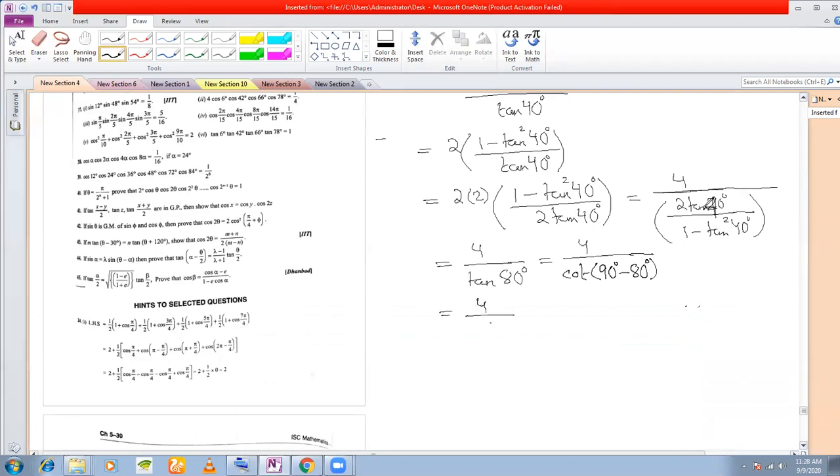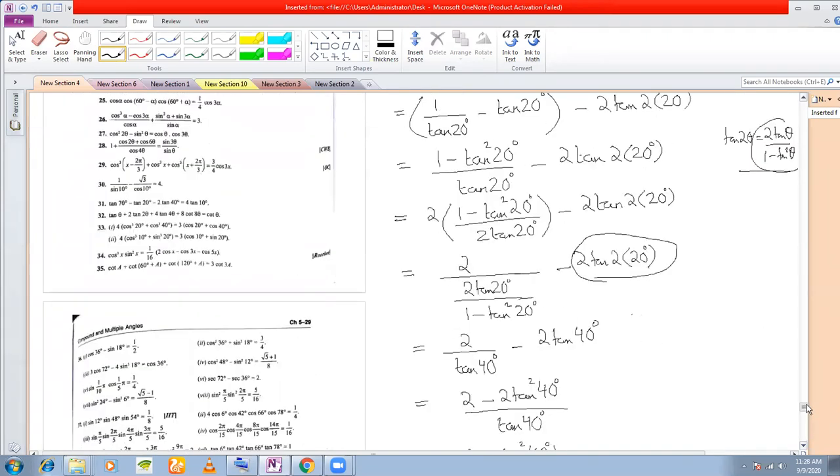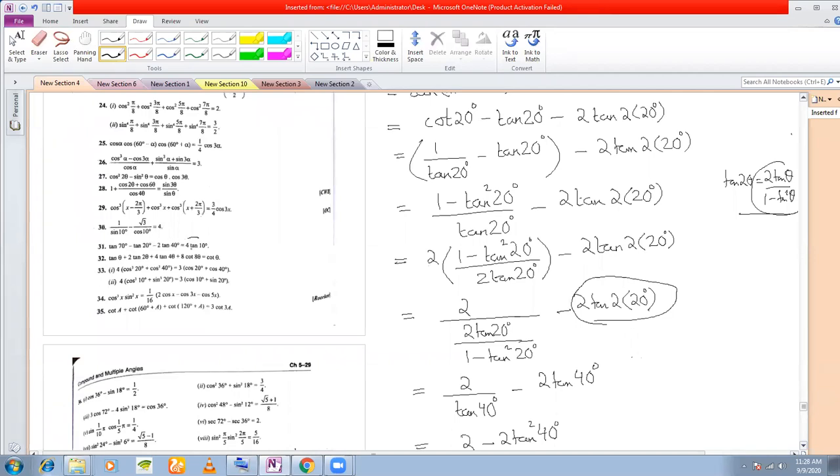Yes. 4 divided by cot 10 degree, which is equal to 4 tan 10 degree. That is what you had to prove. RHS. What was the RHS? 4 tan 10 degree. Okay. So this is how you do it. And I stop here for today.